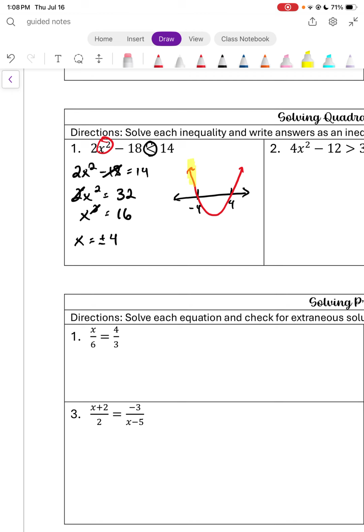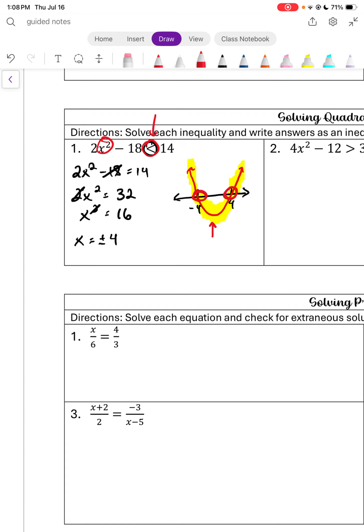One region is above 0, the middle region is below 0, and the third region is above 0. So if we're looking for less than, we're looking for where it is less than 0. We can use our symbol here, and we know that this middle region is where it's less than 0, so we know exactly where our answer is going to be.